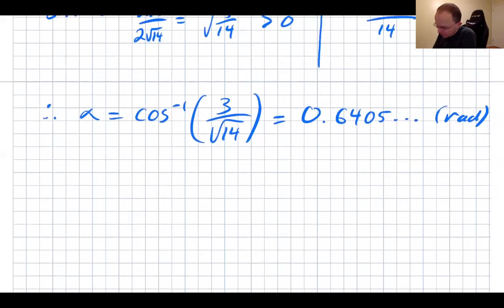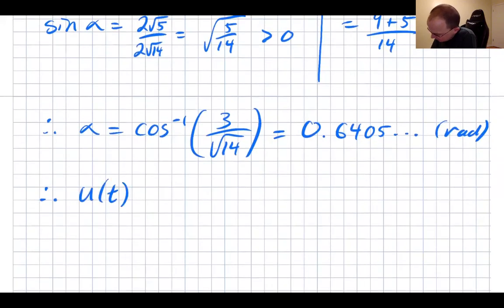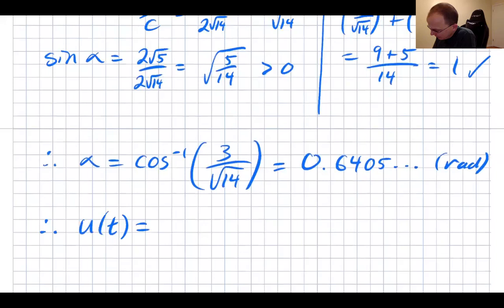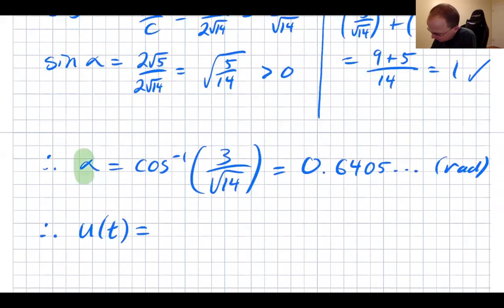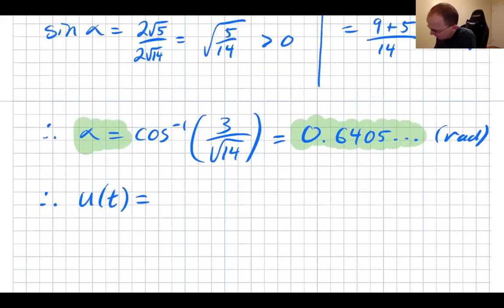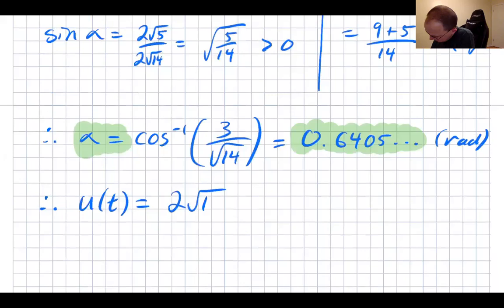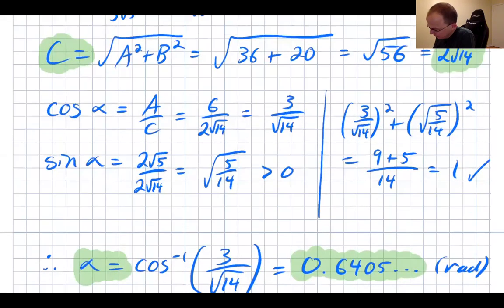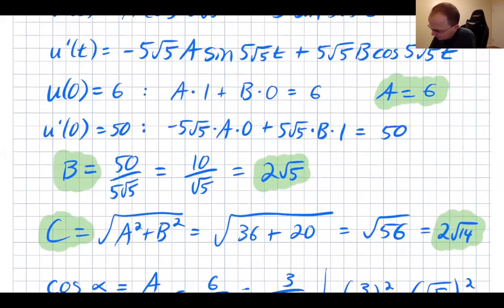All right, so therefore, u of t is that c value. Well, let me just highlight this alpha value as well. So alpha is equal to this. Okay, so u of t is the c value, 2 root 14, times cosine of, and then this is the circular frequency, which is this one here.